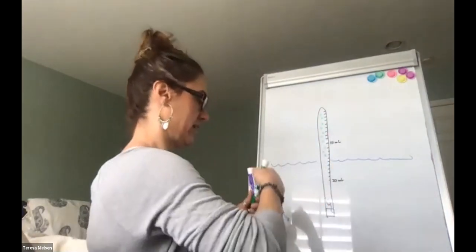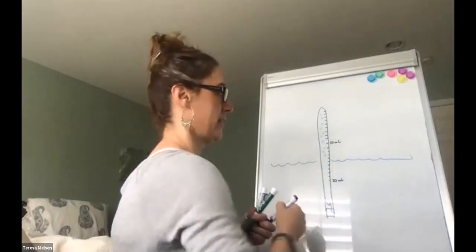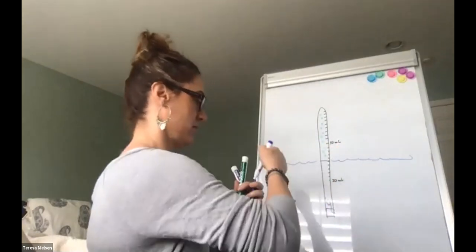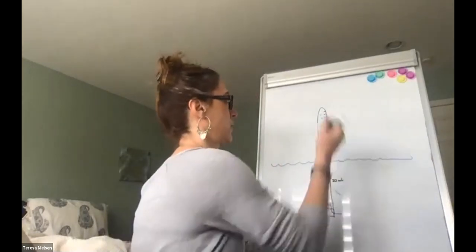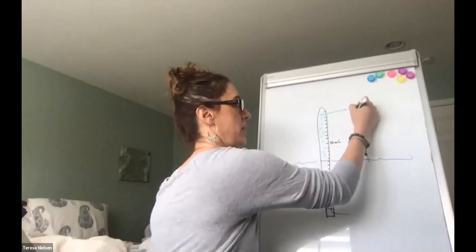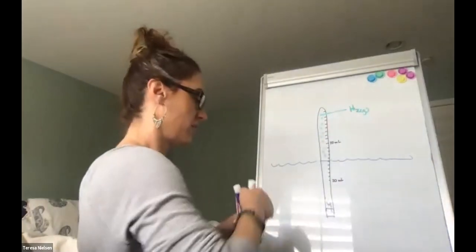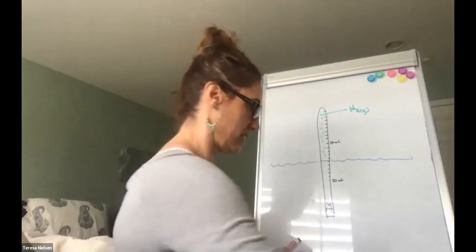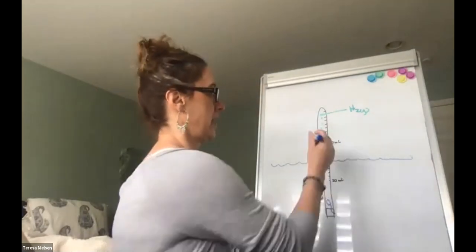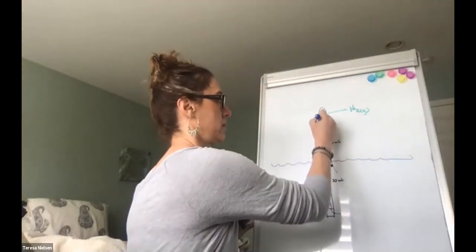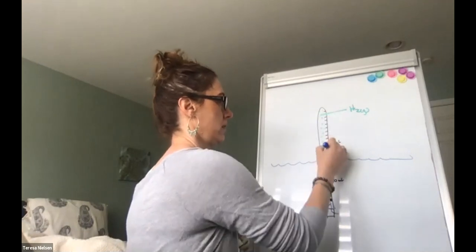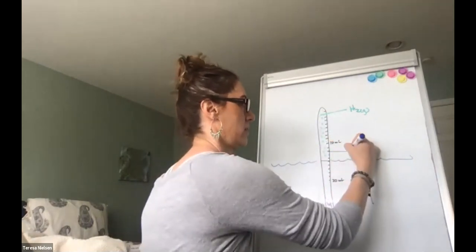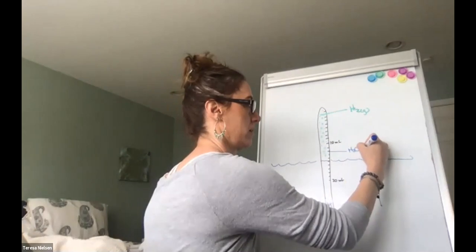Right, and we're going to line it up so that the water levels inside and outside the eudiometer are the same. We're going to have some hydrogen gas up here. And then just by virtue of collecting gases over water, you're also going to have some water vapor up in here. Okay, so there's water vapor.